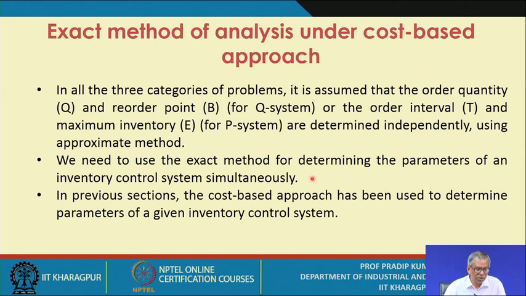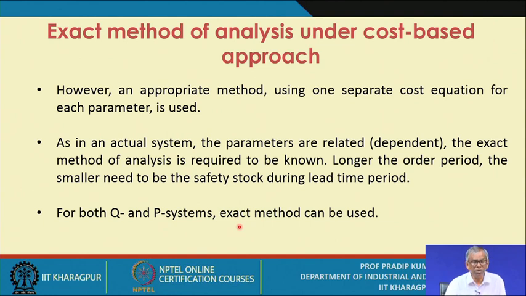That's why we say that in this particular method, called exact method, we determine the parameters of an inventory control system simultaneously. In previous sections, the cost-based approach has been used to determine the parameters of a given inventory control system. However, an approximate method using one separate cost equation for each parameter is used. Is it okay? So that's why it is called the approximate method.